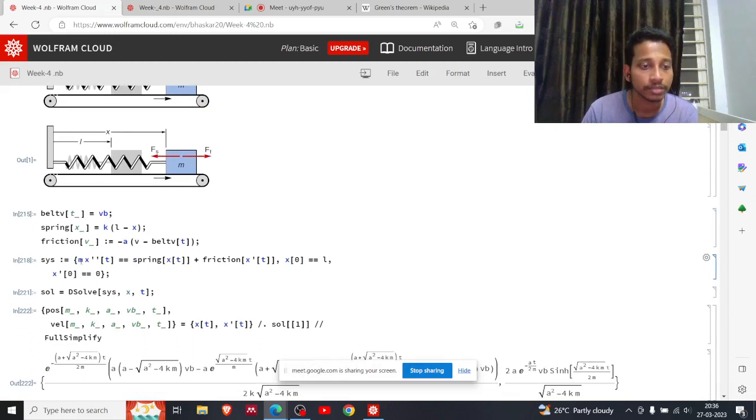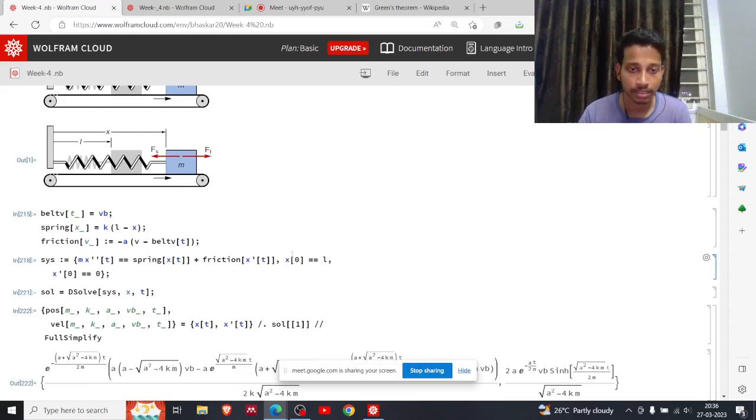Then we write the differential equation m x''(t) equal to spring(x(t)) plus friction(x'(t)). As the friction is a damping force, it will be proportional to, or a function of, velocity. That's why it is written as friction as a function of x'(t).